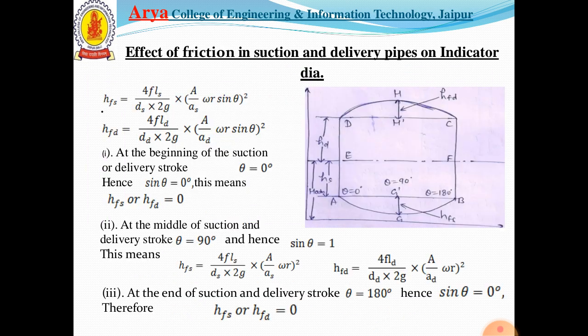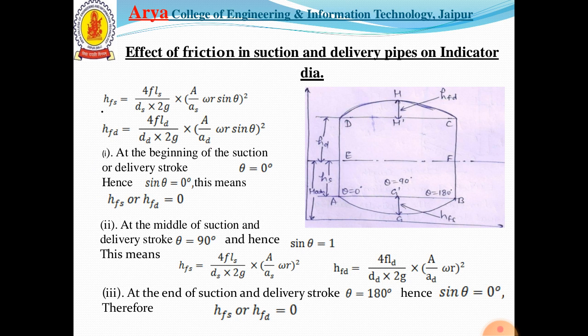Now the effect of friction in the suction and delivery pipes on the indicated diagram. The loss of head due to friction in the suction and delivery pipes is given by the following equations: HFS equals 4 f LS upon ds into 2g into (A upon AS omega r sin theta) whole square.